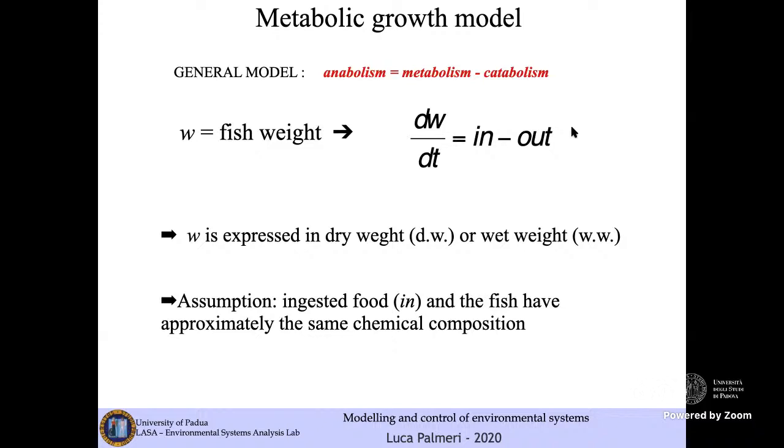W may be expressed typically in dry weight, so you will have dW/dt on the weight if we are measuring weights in dry weight, or it may be measured in wet weight, depending on the type of the organisms and type of data you have at hand.